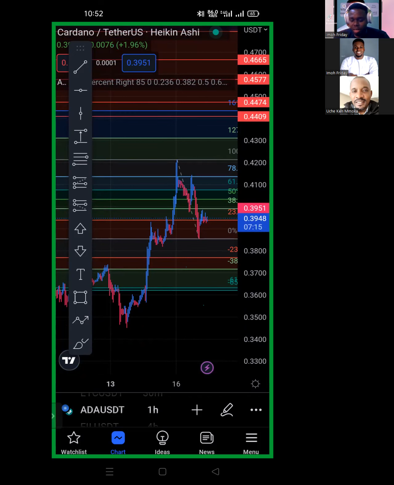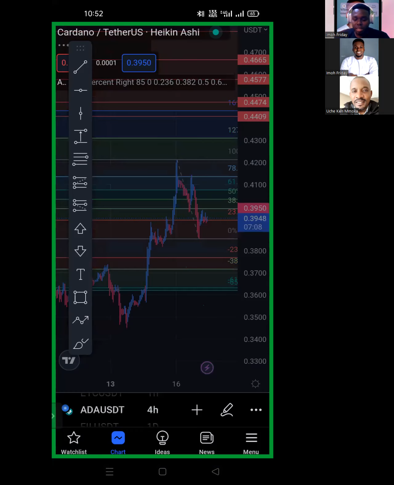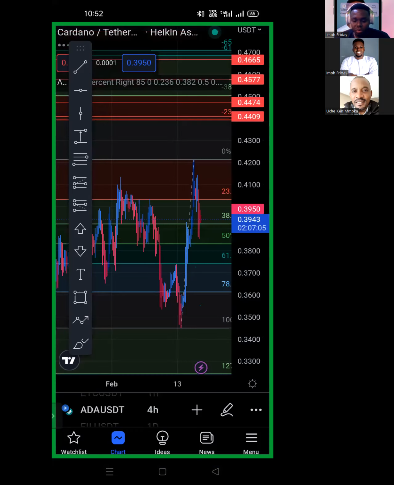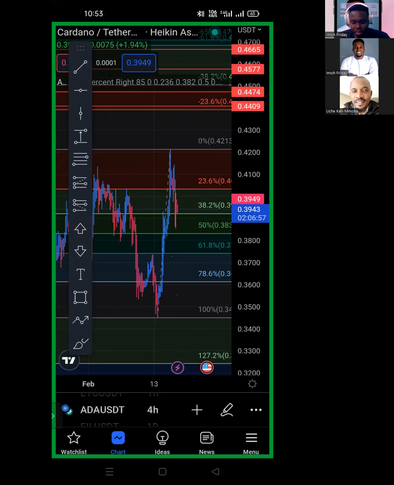All right, so this is a 1 hour time frame. The higher price would definitely not be what it is in the 1 hour time frame. So if I take it to the 4 hour time frame, you can see the lower price from my screen here.